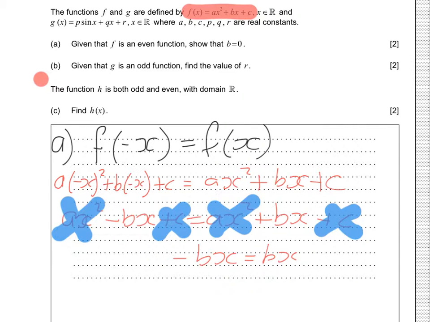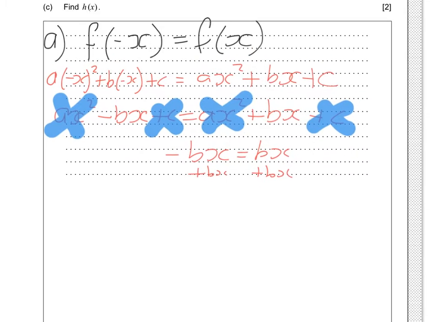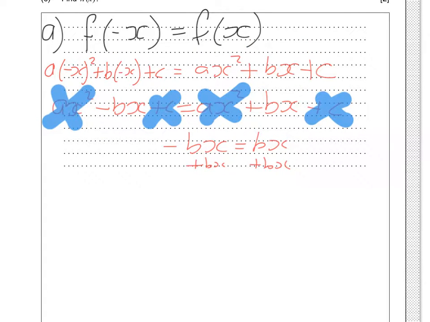If you add bx to both sides, then you end up with 0 equals 2bx. Now x can be any number, right? X is a variable. So the only way for this to be true is if 2b equals 0, and the only way for that to be true is if b equals 0. So that's part A.